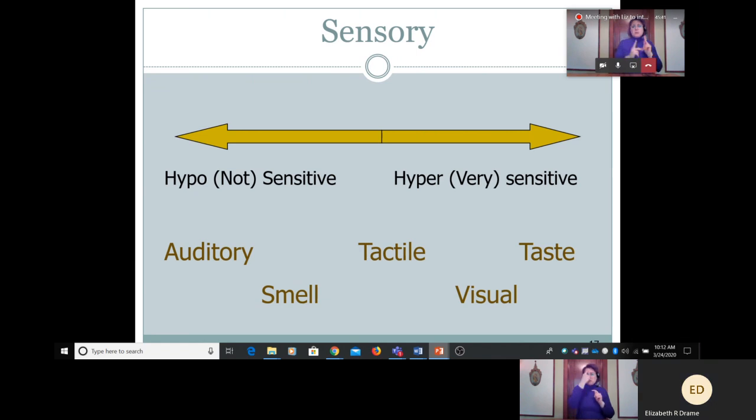It's not that our brain is a standard brain and people with autism have abnormal brains, right? So the sensory perception of the world can show up differently, in terms of being highly sensitive or very not sensitive, and this involves all of our senses.